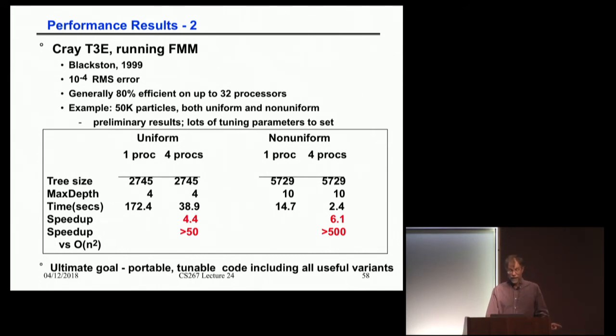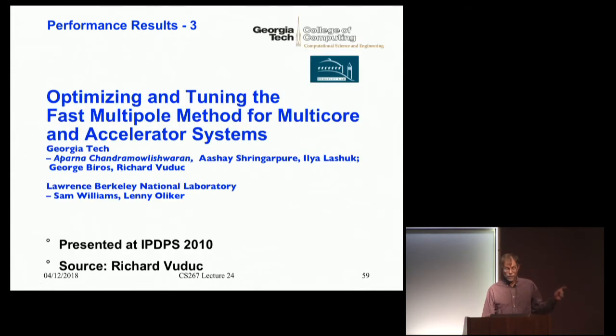Okay, so that's 1999. Let's go up to 2010. This was the first time people did a very, very careful analysis of all the architectural options that were available to make this run faster. One of the co-authors I should mention is Richard Vuduc, who's a faculty member at Georgia Tech and also a former student from here, and also a former CS267 GSI, just so you know.